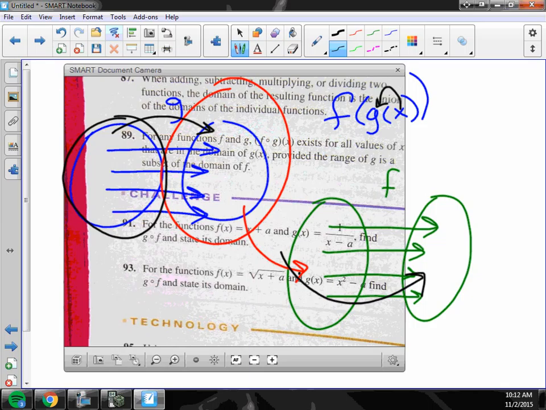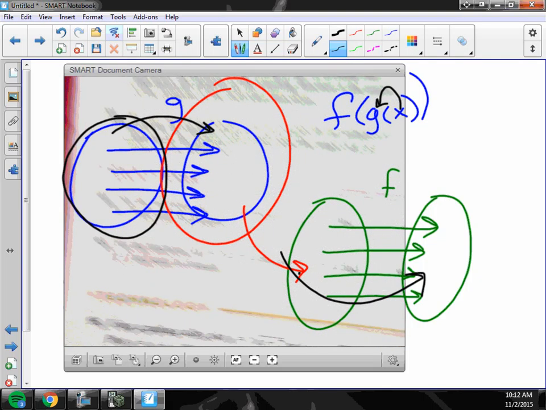True. That is the requirement. The answers for g have to be able to be plugged into f. If they can't be plugged in, there's nowhere to put them, and the function doesn't exist. What if only one of them works? Is that still a function? Yeah, you still have one to plug in somewhere. It's going to have a domain of one number, but it still works.